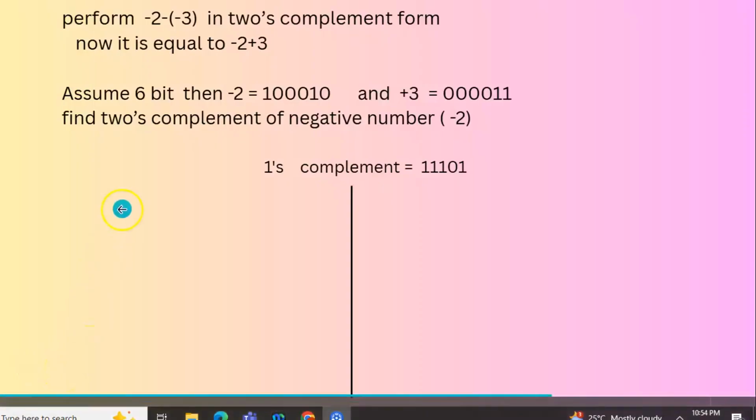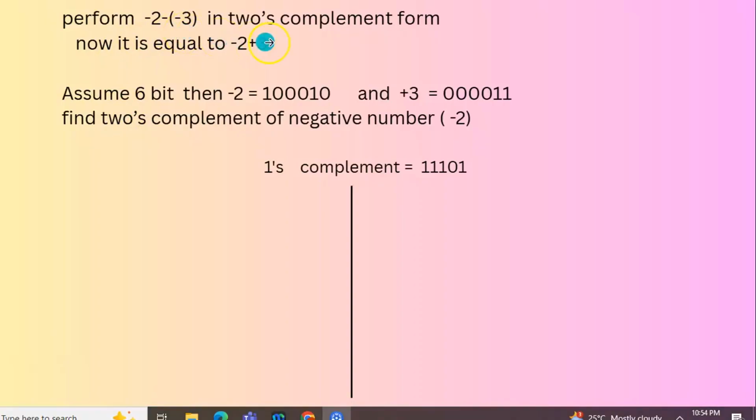Now let us perform minus 2 minus minus 3 in 2's complement form. This can be written as minus 2 plus 3, because minus into minus becomes plus. Now we take the form of signed integers.